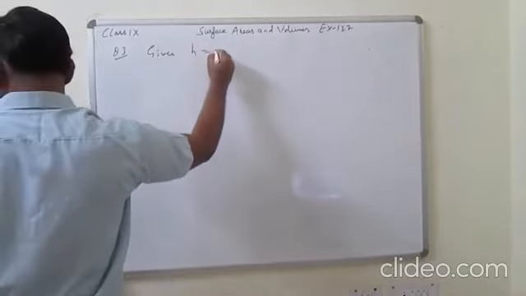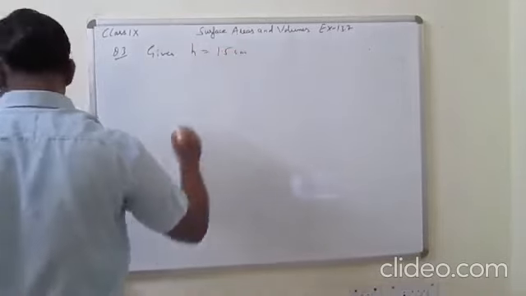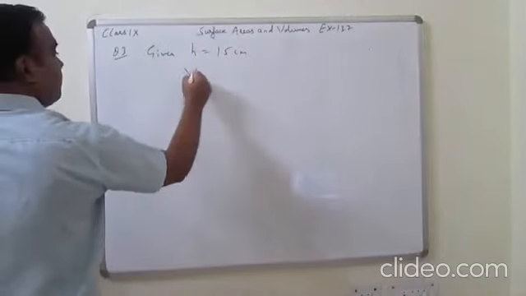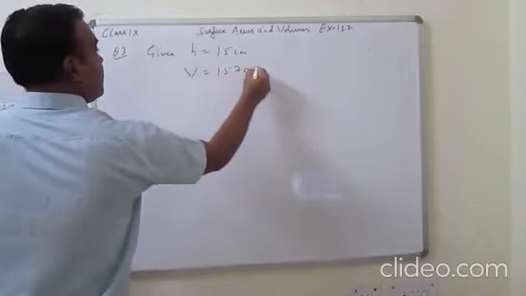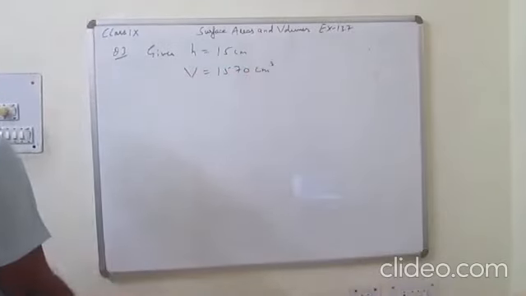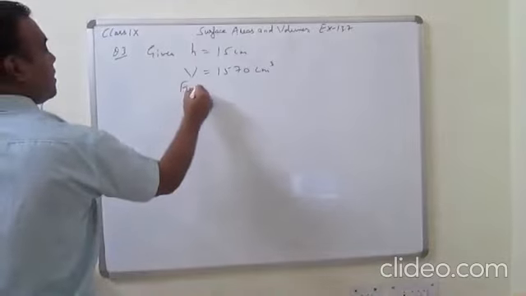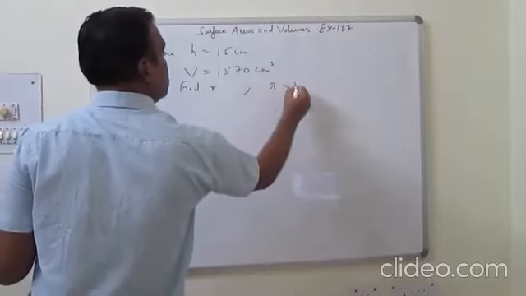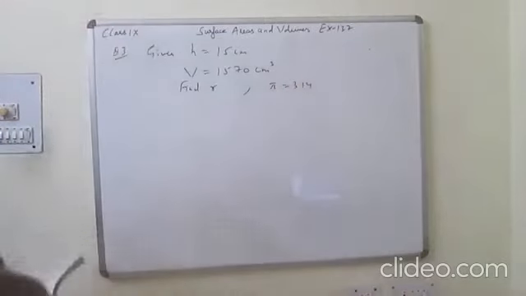Height of cone is given to you 15 centimeter. Volume is 1570 centimeter cube. Find the radius of base. Find क्या करना है? Radius निकालना है r. और पाई को क्या यूज लेना है? 3.14. It is mentioned to you.